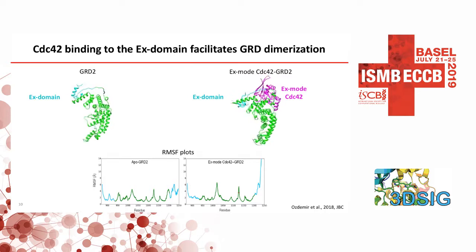And it means that since I showed you that the C term is the platform interface playing a role in dimerization of GRD, upon binding of CDC42 the C term is released, so it may imply that CDC binding to the EX domain may facilitate GRD dimerization. Also, when I compared the RMSF plots of these specific domains, this is the blue part, you can see that fluctuation of these particular residues is much higher compared to free GRD2.